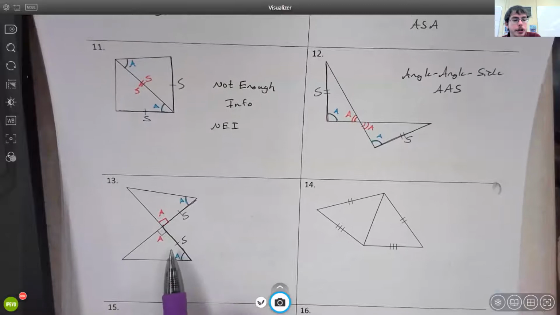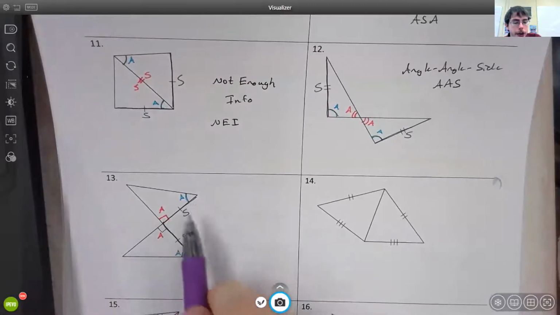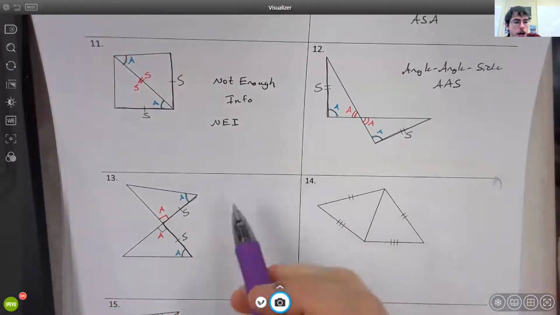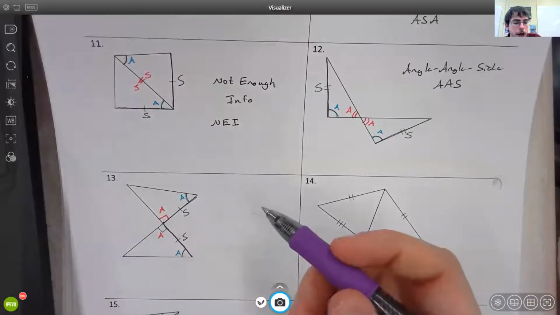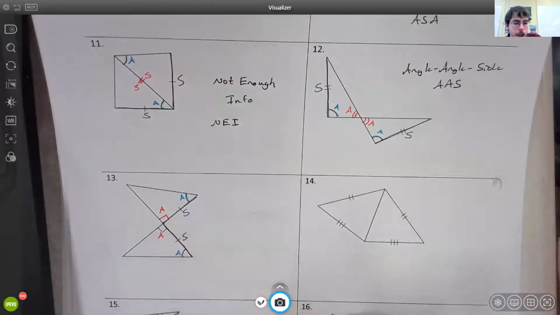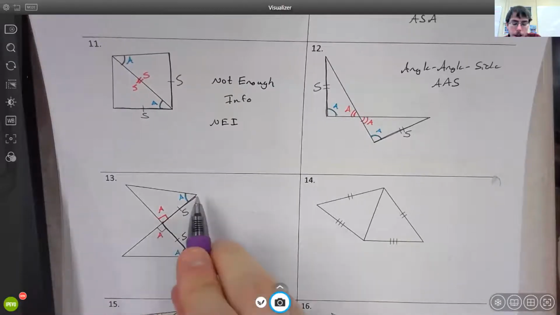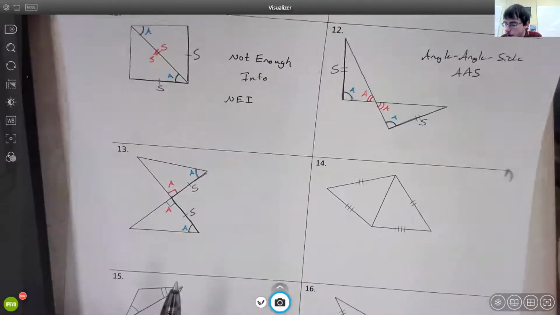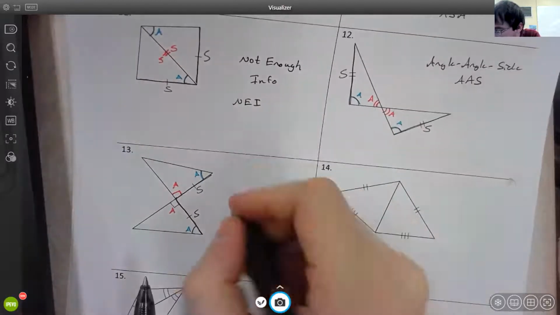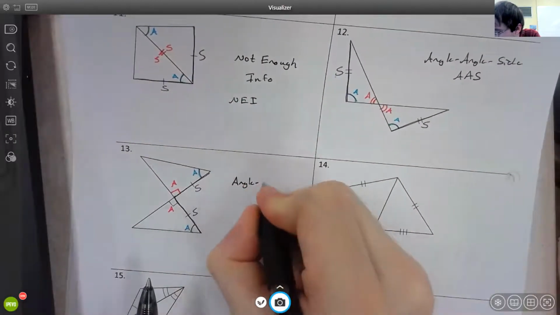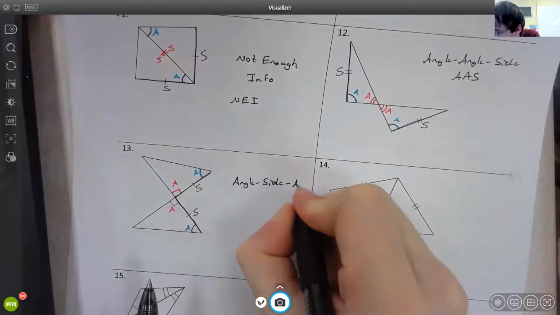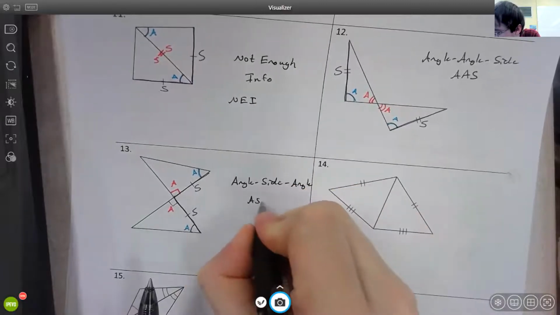So we have two pairs of congruent angles, one pair of congruent sides. Are the sides in between the two angles, or outside? If you look here, the sides are in between the two angles. So that means that we're dealing with angle, side, angle, or ASA.